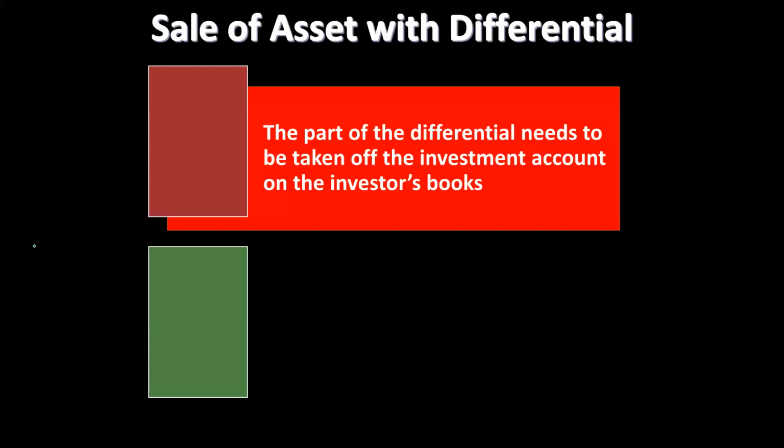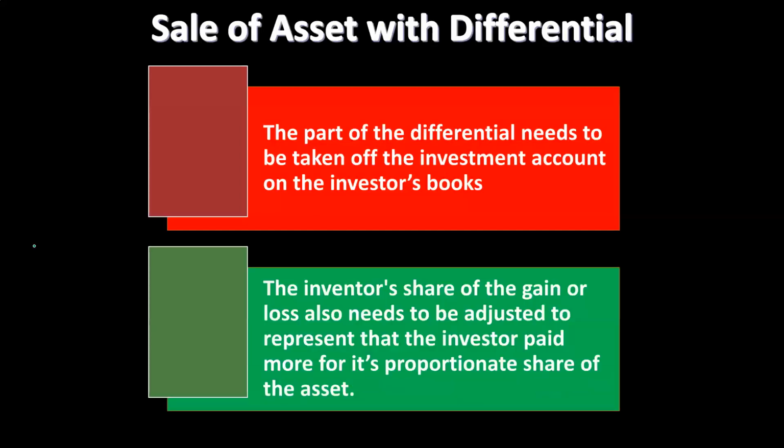And then what happens when we sell the property, plant, and equipment? Well, the part of the differential needs to be taken off the investment account on the investor's books. So we're going to have to account for that as we sell that particular part of the depreciable assets. We'll have to track that on the subsidiary schedule for the property, plant, and equipment, and note which asset was sold.